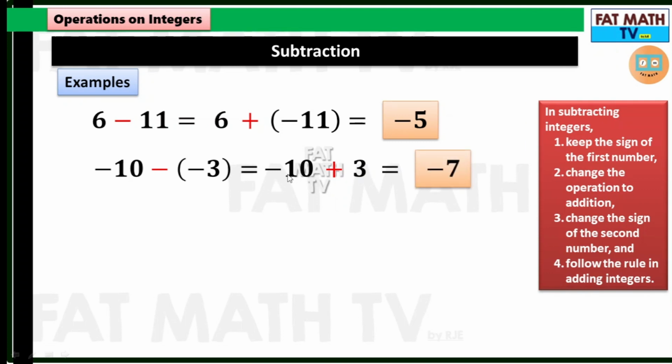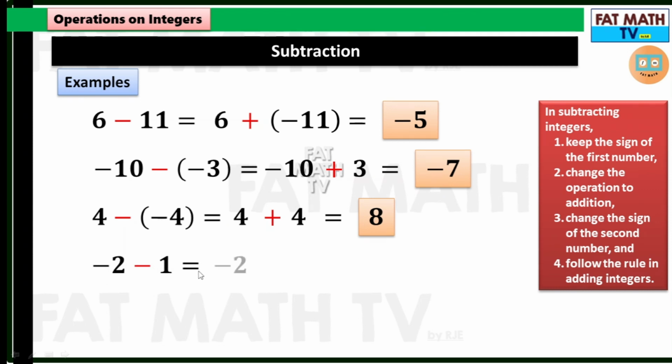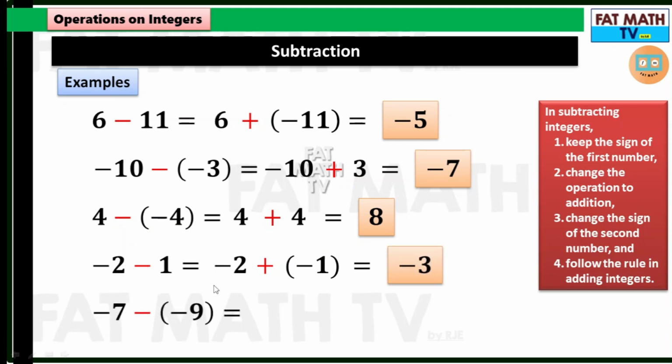Copy the sign of negative 10 because 10 is bigger than 3, so the answer should be negative 7. 4 minus negative 4 is going to be 4 plus 4, that is 8. Negative 2 minus 1 is going to be negative 2 plus negative 1, that is negative 3. And negative 7 minus negative 9 is negative 7 plus positive 9, that is positive 2.